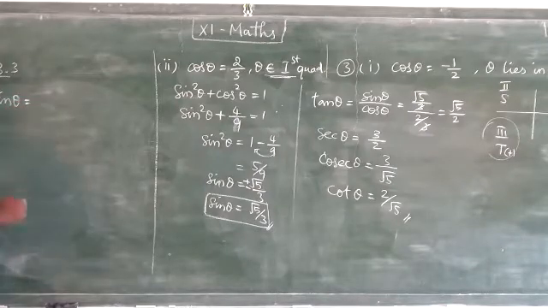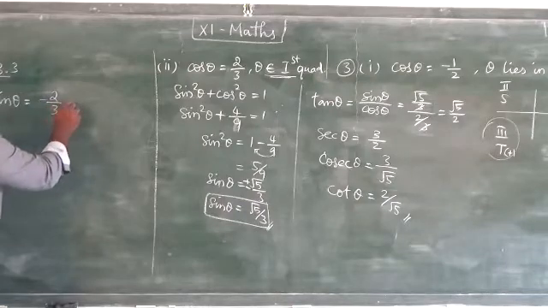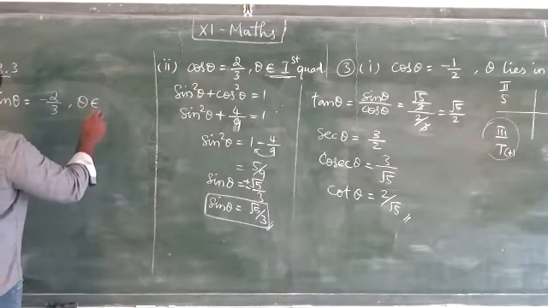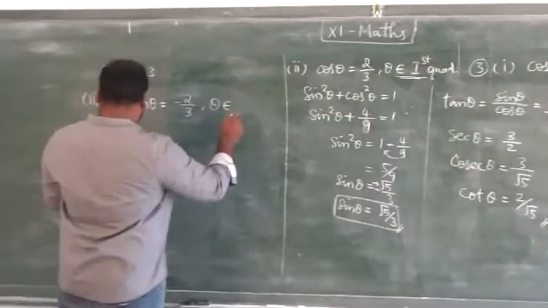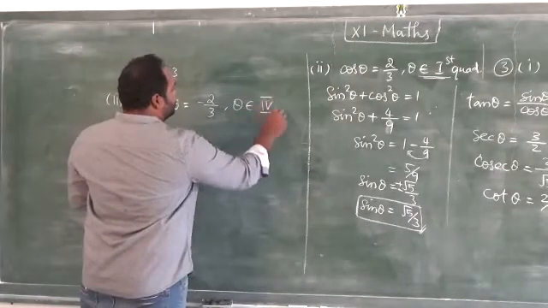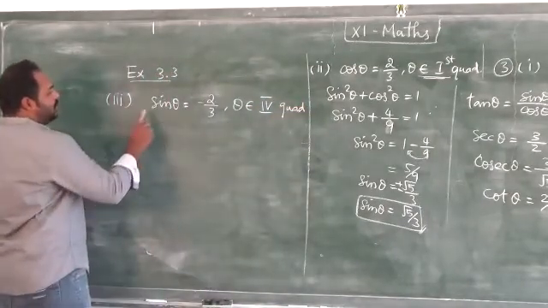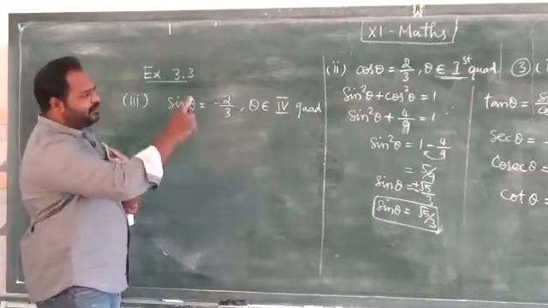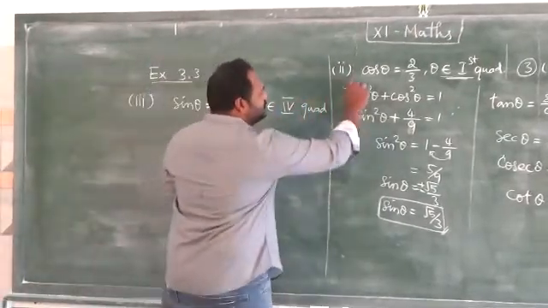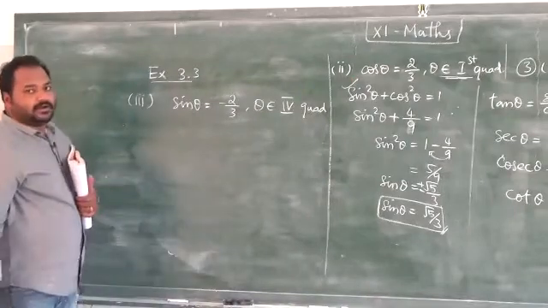sin theta equal to minus 2 by 3, where theta belongs to the fourth quadrant. Now, using the same identity, we can find cos theta.